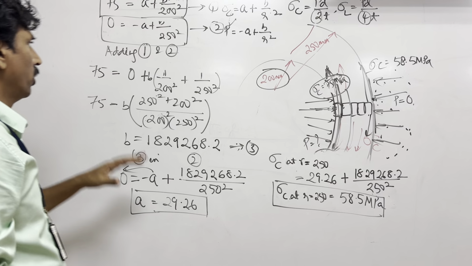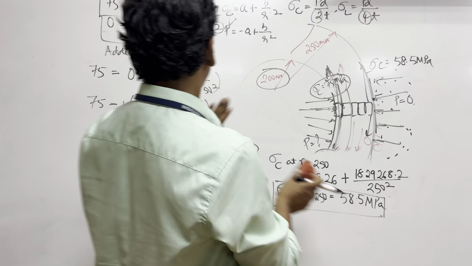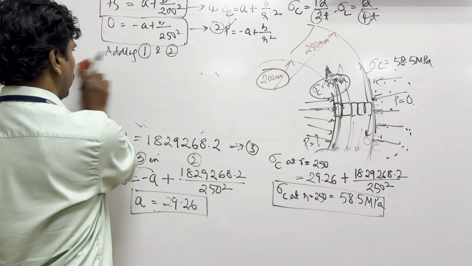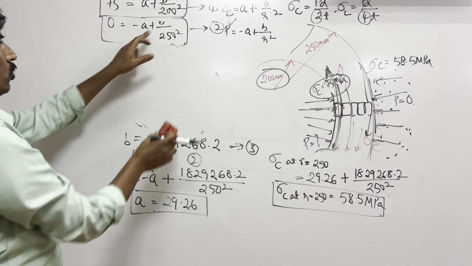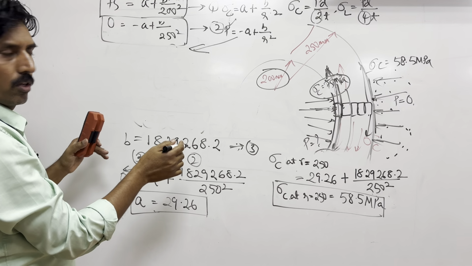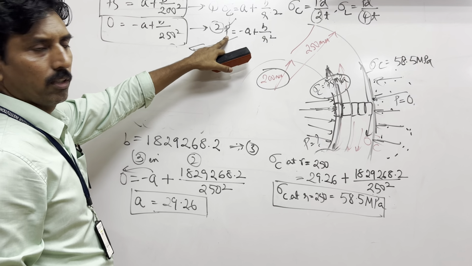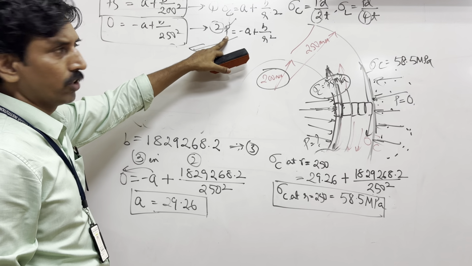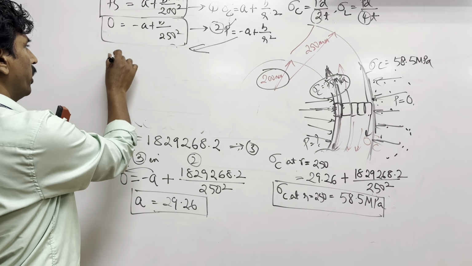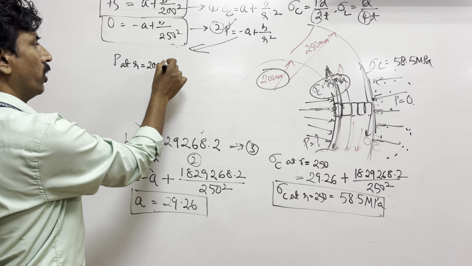Is it visible here? Okay, I will erase this and try to do. So we'll use this equation here. I want the pressure inside, so I want P at R is equal to 200.